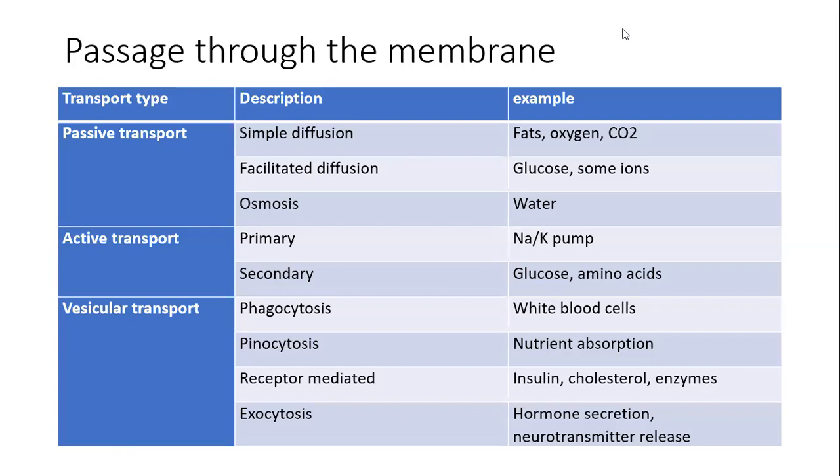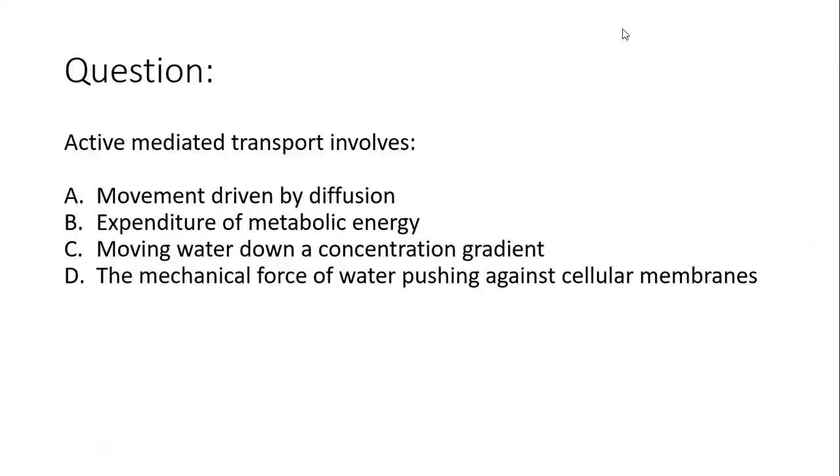There's receptor-mediated vesicular transport, and insulin, cholesterol, and enzymes are moved that way. And exocytosis, that's where things are spit out of the cell, things like hormones and neurotransmitters.